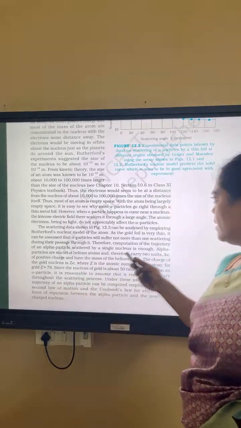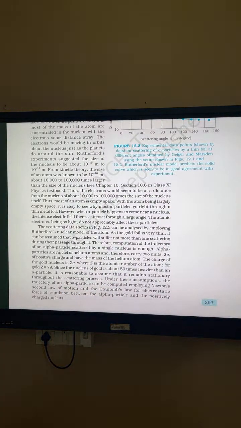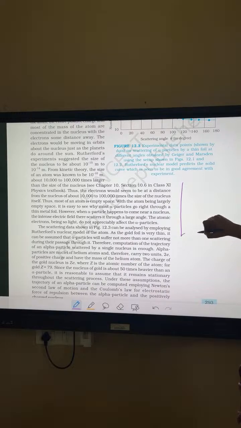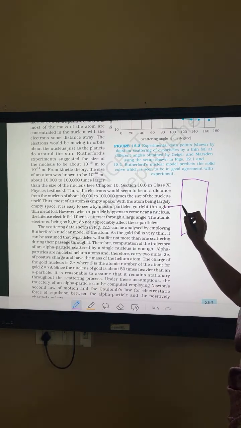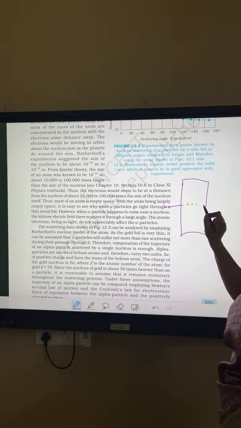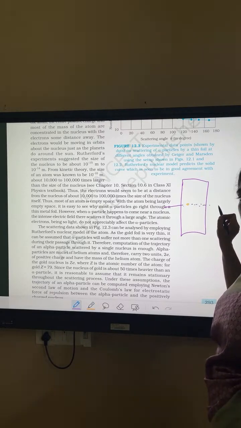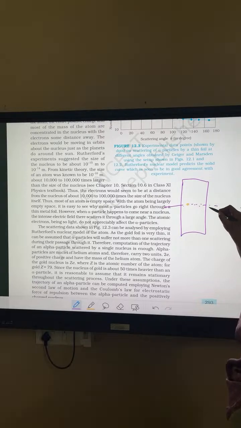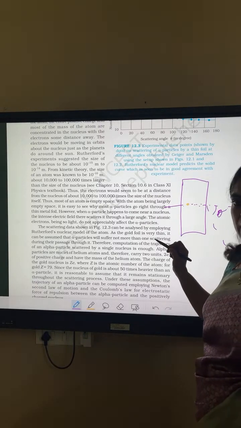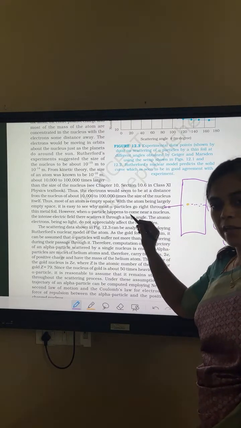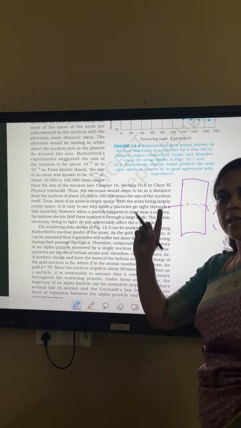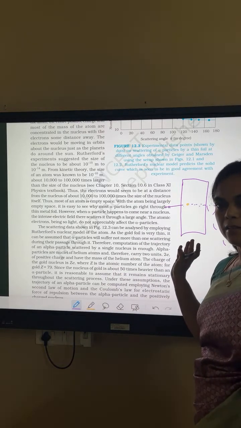For example, if it is very thick, then what will happen? It passes through many atoms. The alpha particle has to travel much more distance and then it scatters. Understood or not? Since it is very thin, it is very easy for that particular alpha particle, if you are considering one, to scatter easily.